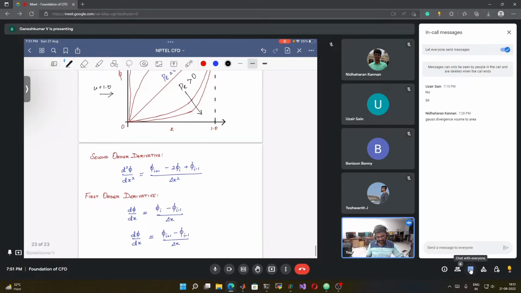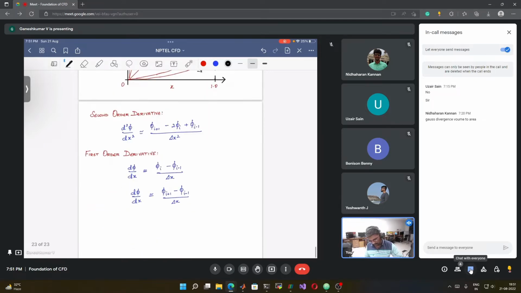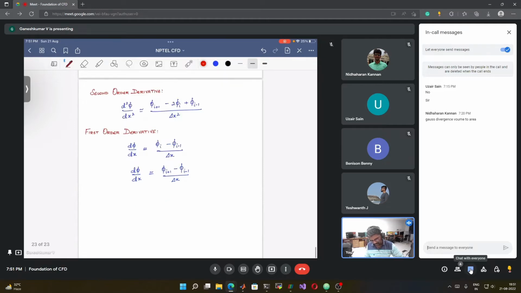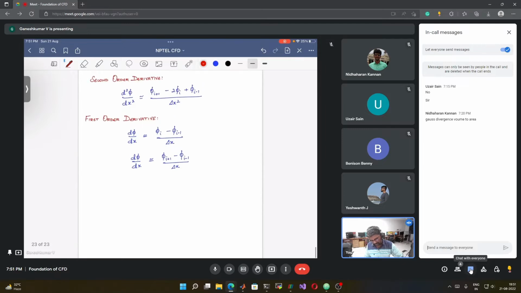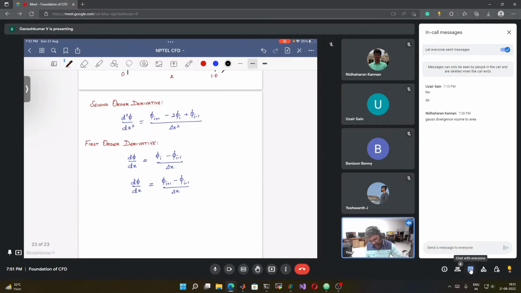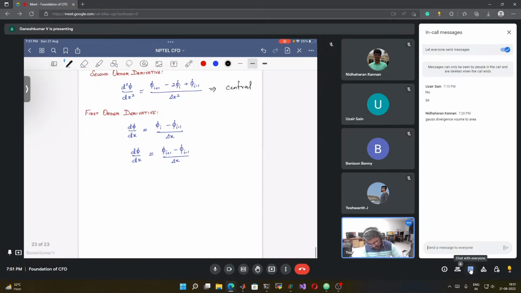So let's try to model it using the finite difference method, whatever we learned. You know that the second order derivative can be written like this. What is this called? Central differencing, right? This is for the second order, and this is for the first order derivative. You can approximate it like this.